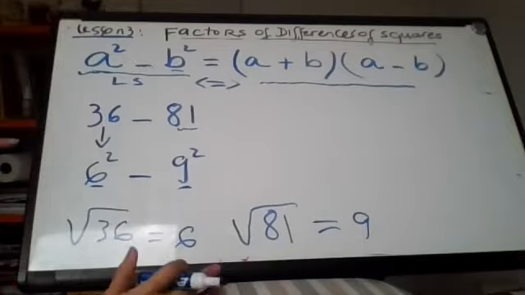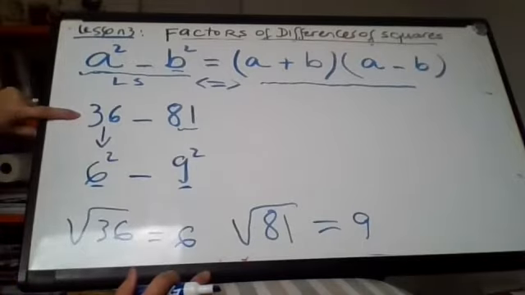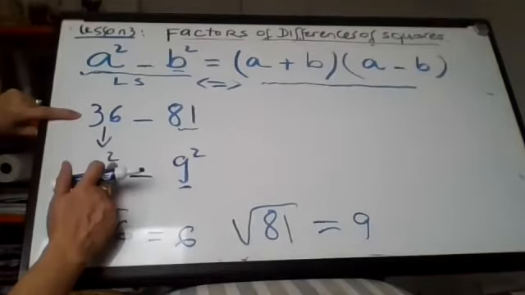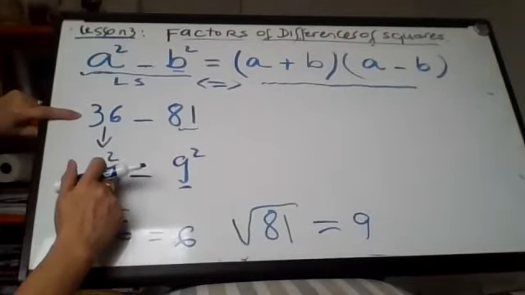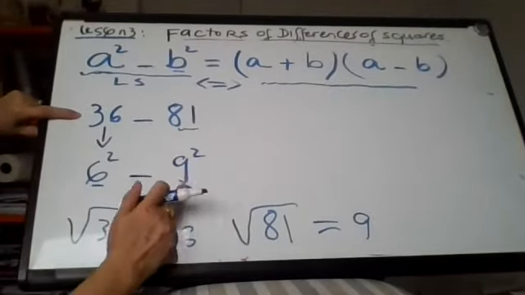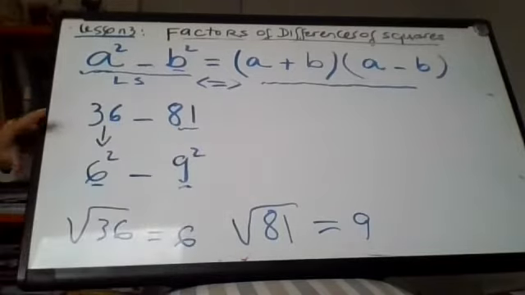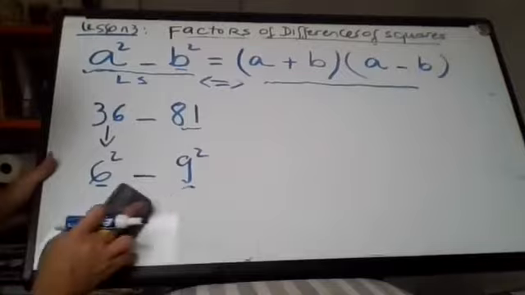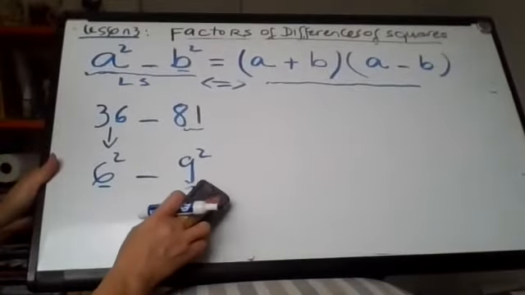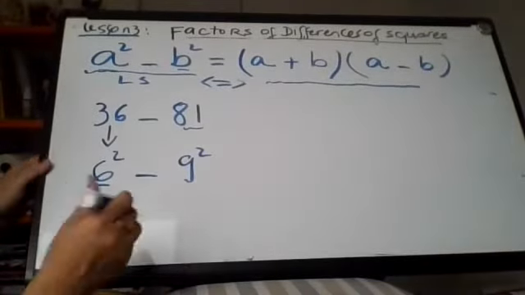To get back up to 36, you have to square it. 6 squared is 36, 9 squared is 81. You have to raise to the power 2 to get back to the question, because we can never change the original question.